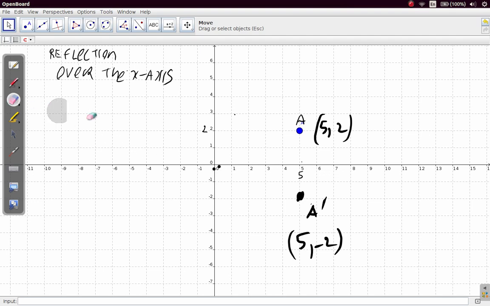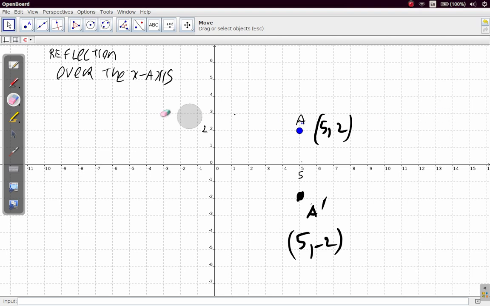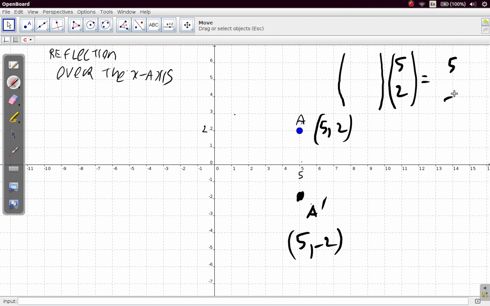All right, now we need to have two matrices multiply so that 5, 2 becomes 5, negative 2. The matrix representing A is 5, 2. It's a column matrix. Let me draw it a little further out. This column matrix is 5, 2. There's a 2 by 2 matrix that multiplies it, and the answer is 5, negative 2.